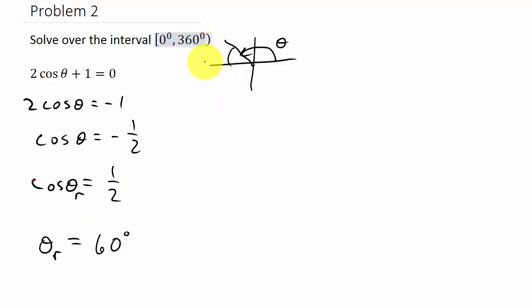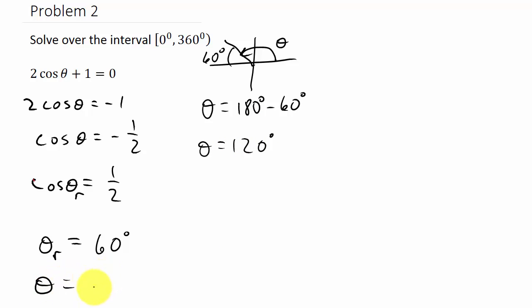My reference angle is going to be 60 degrees, and so theta is equal to 180 minus 60, so theta is 120 degrees. So one of my solutions is 120 degrees.